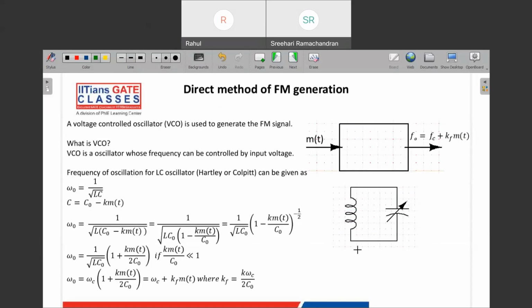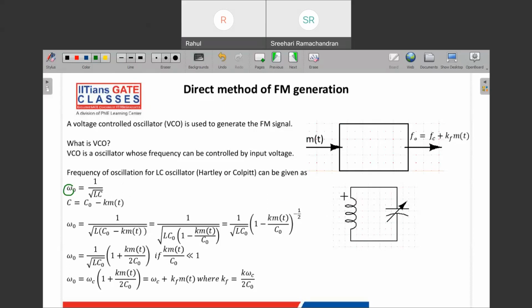When you apply a voltage across this LC circuit, it will generate a current which will oscillate, and the oscillation frequency depends on the values of L and C. So the frequency of this LC oscillator is given as omega naught equal to 1 by under root LC.